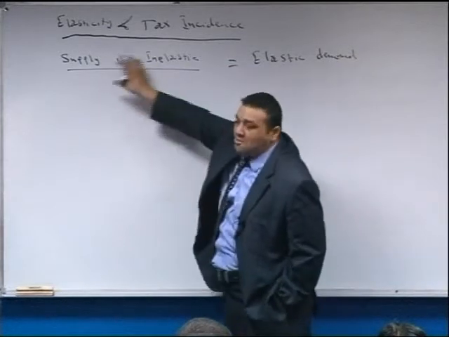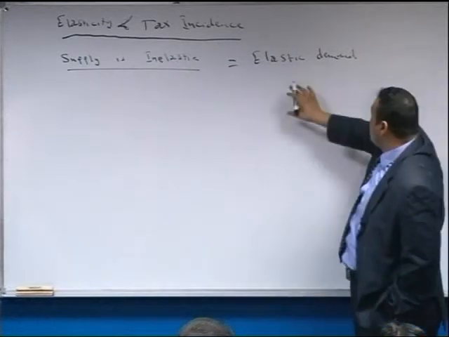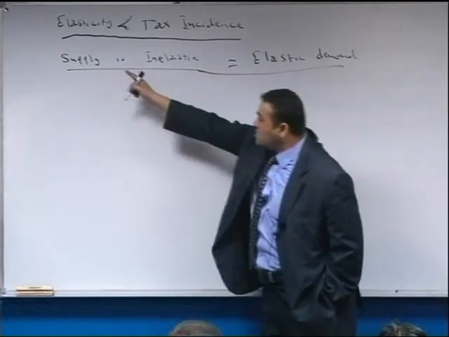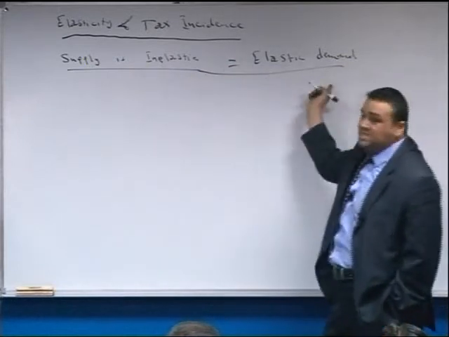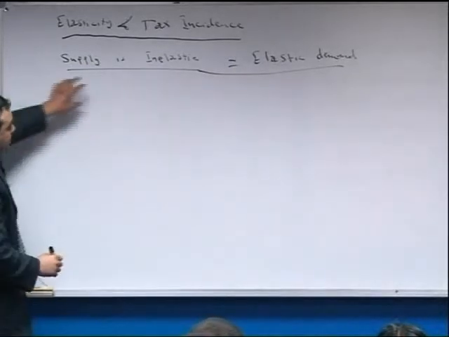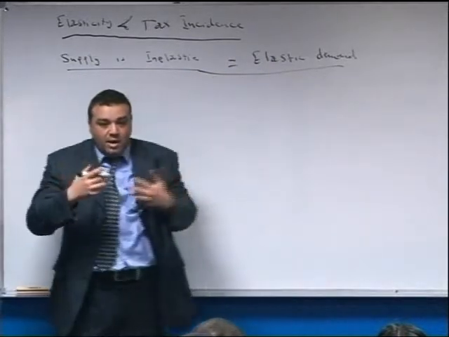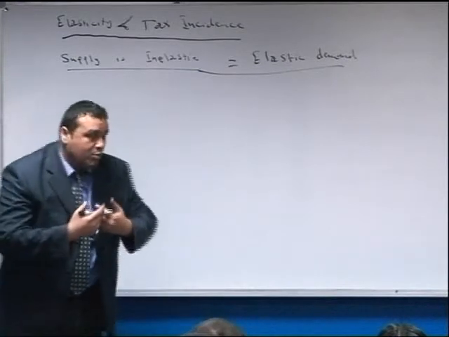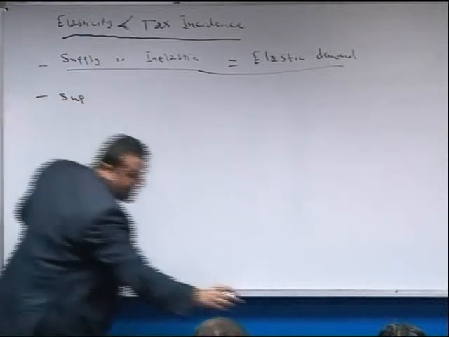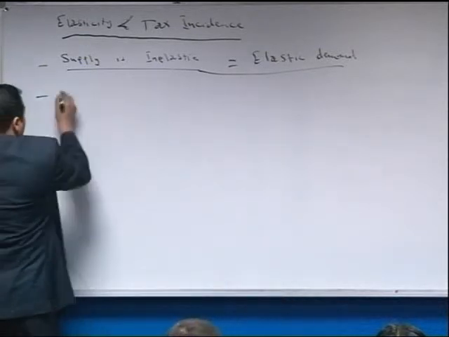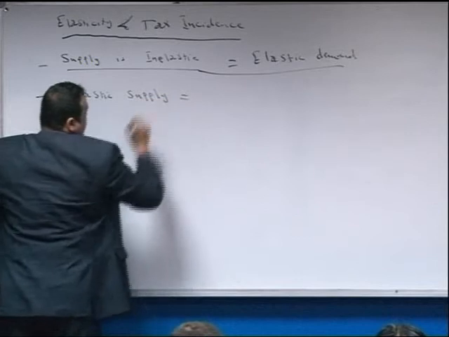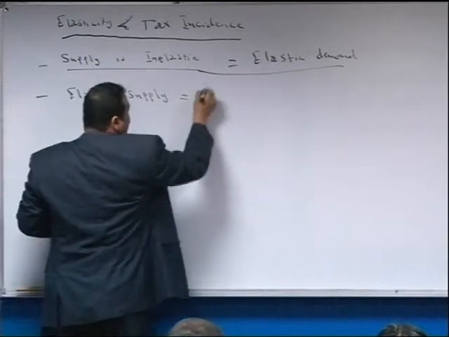So, inelastic supply equals elastic demand, and vice versa. When supply is elastic, demand is inelastic, right? So, elastic supply equals inelastic demand according to its effect on the tax burden.